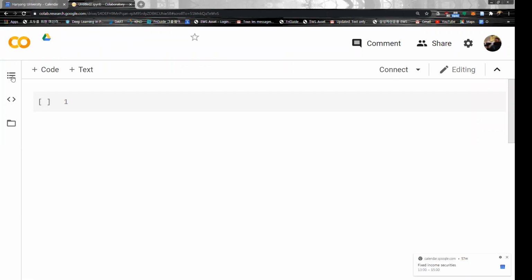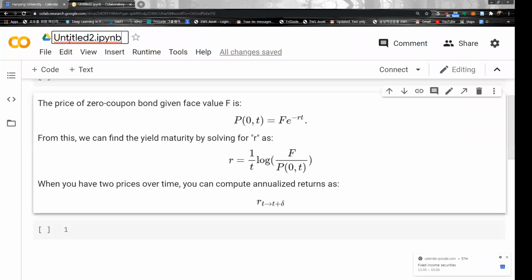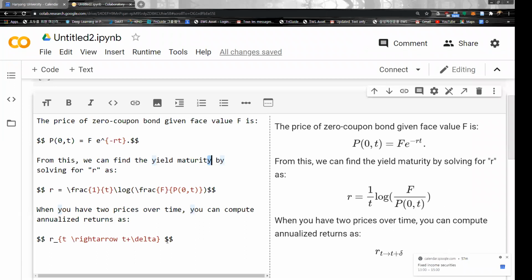Where are they? I'm not sure whether this is a memory problem, but right. We are interested in finding the annualized return from T to T plus delta, and of course, this one we can calculate in general.